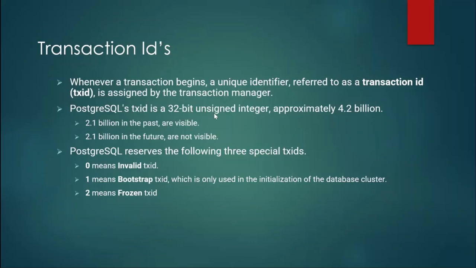Now, apart from this 4.2 billion transaction IDs, you also have some special transaction IDs. These special transaction IDs were introduced in version 8 for transaction ID freezing, to avoid the wraparound situation. 0 is marked as the invalid transaction ID, 1 is bootstrap, and 2 is the frozen transaction ID.